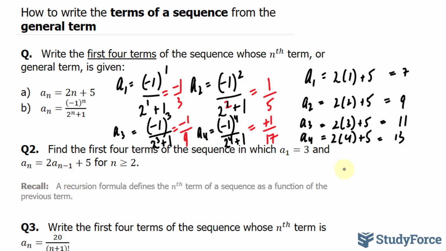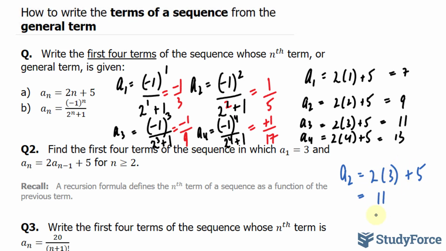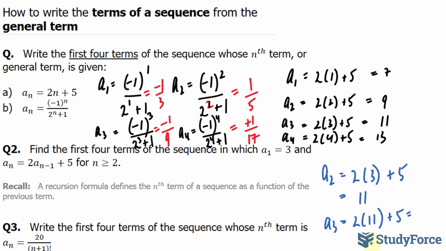Let's start by finding a sub 2. A sub 2 is equal to 2 times the previous a, which in our case was 3, plus 5. That is equal to 6 plus 5, 11. So we have a sub 2, we'll use that for the next one. A sub 3 is equal to 2 times 11 plus 5, that's 22 plus 5 is 27.